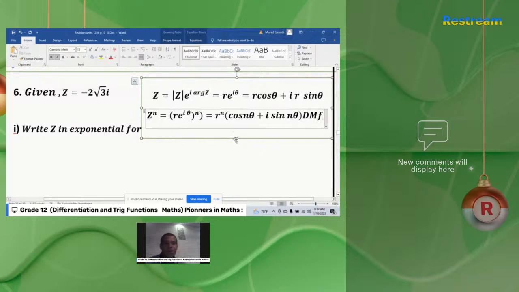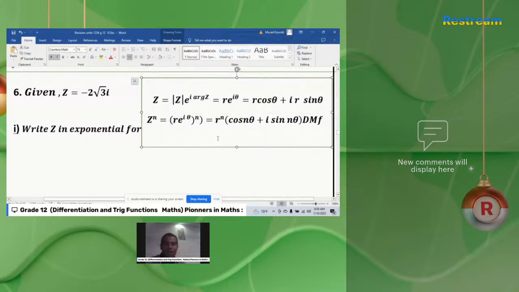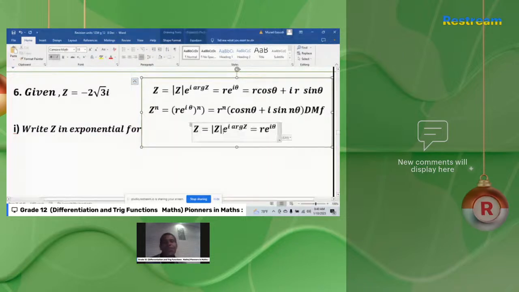Okay, now if we are going to continue, I will just write this as Z equal, exponential Ix.